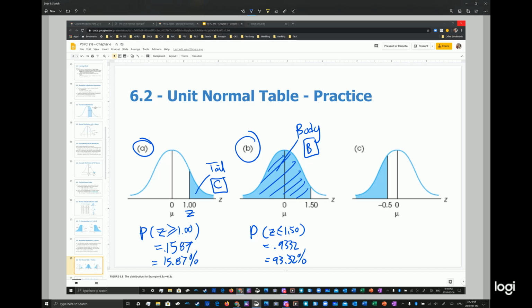Done. Okay, for distribution C, we want to find the probability of a z-score being equal to or less than negative 0.05. Okay, now we want to remember a couple things. One is that the normal distribution is symmetrical, so the value we're looking for isn't negative 0.05 because that doesn't exist in the table, but we can find positive 0.05.